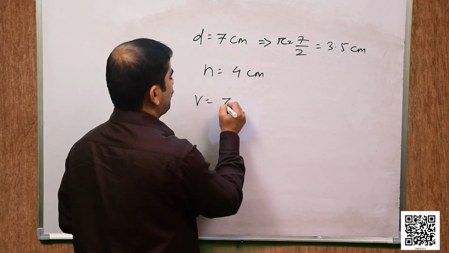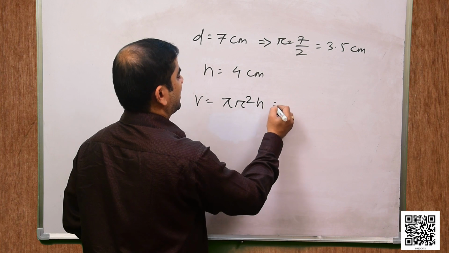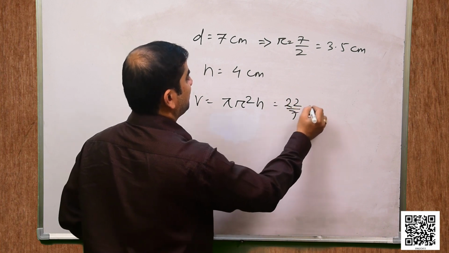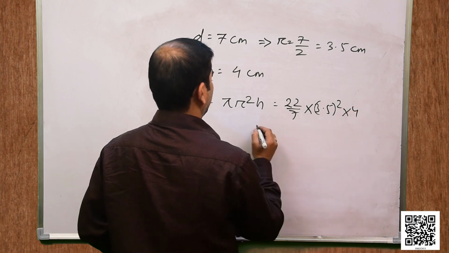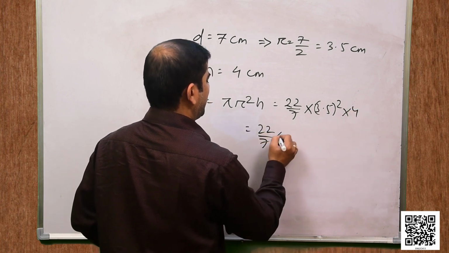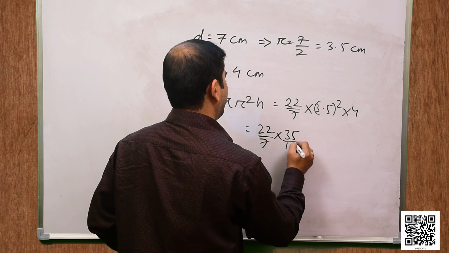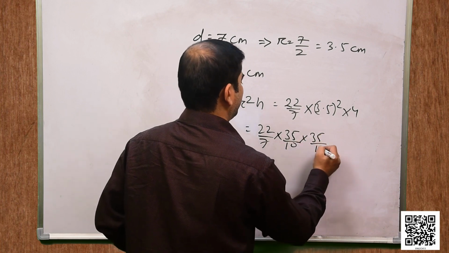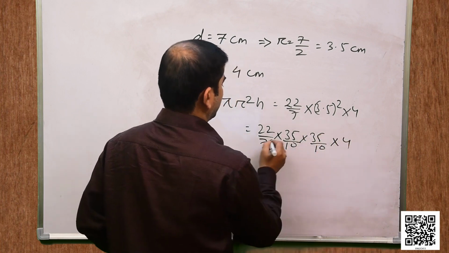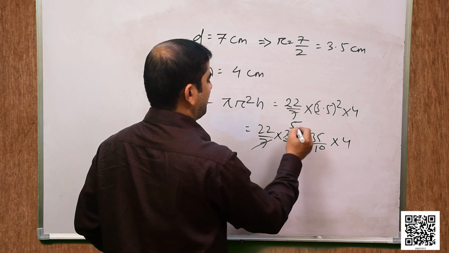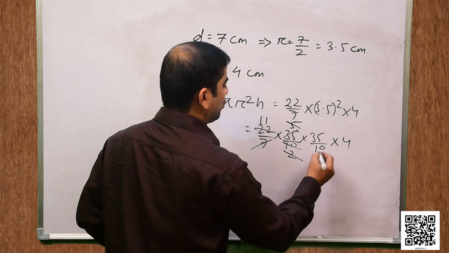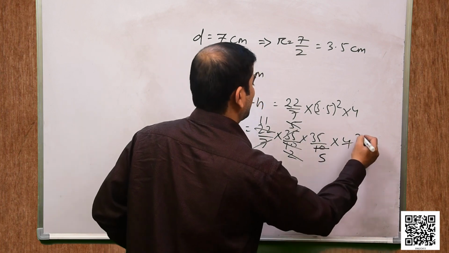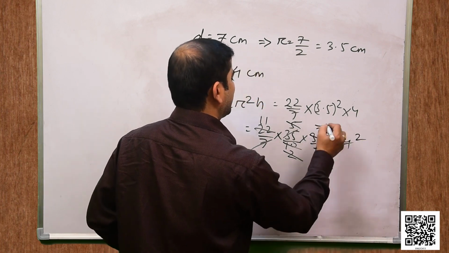So volume is equal to pi r square h, that is equal to 22 by 7 into 3.5 square into 4, that is 22 by 7 into 35 by 10, 35 by 10 into 4. 7 5s are 35, 5 2s are 10, 2 11s are 22, 2 5s are 10, 2 2s are 4, 5 7s are 35.